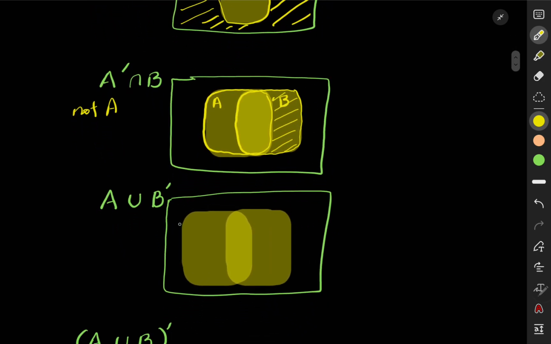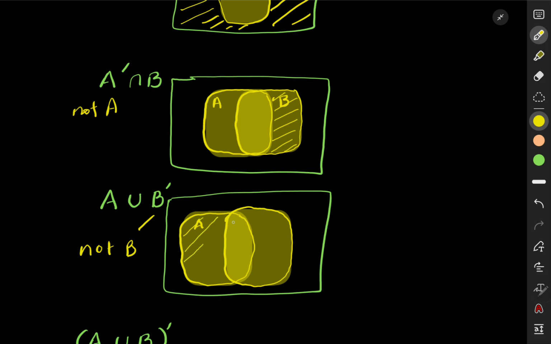Next is A union B complement. Here also we have set A. This is the set A and the set B. B complement means not B or without B. So we take union of A with the members or the region which is outside of B. So A region is this and outside of B is this one.